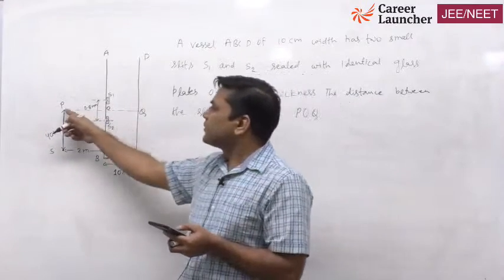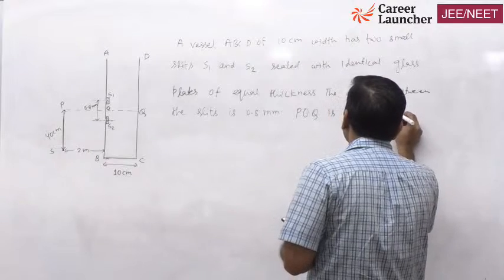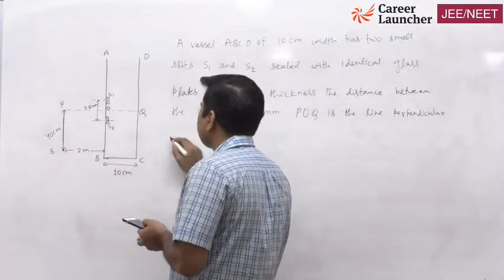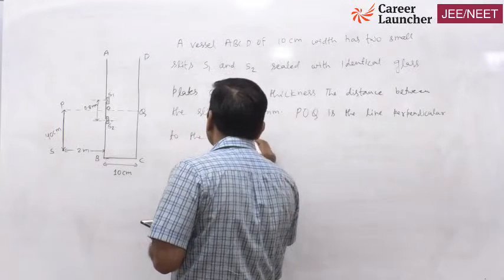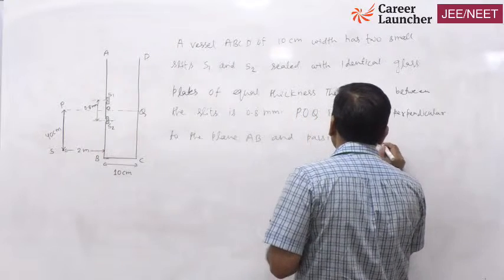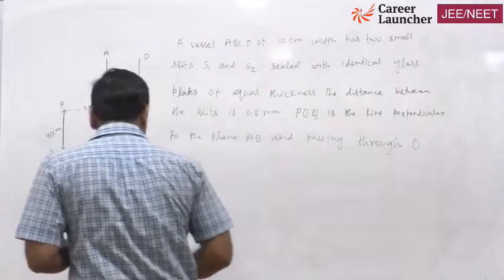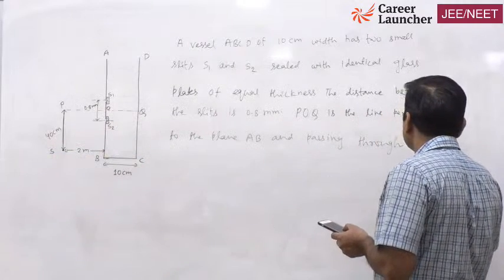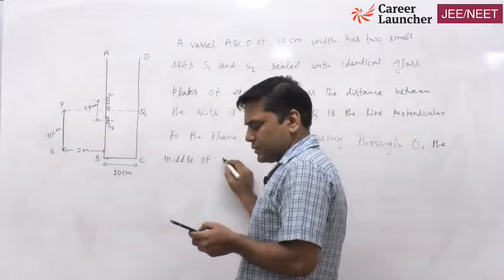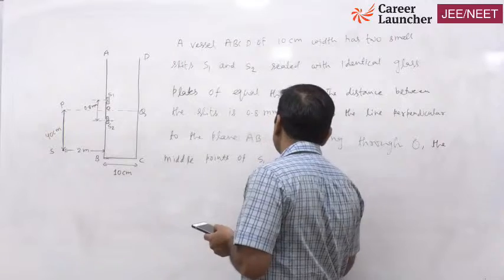POQ, that is this line POQ, is the line perpendicular to the plane AB and passing through O, the middle point of S1 and S2.